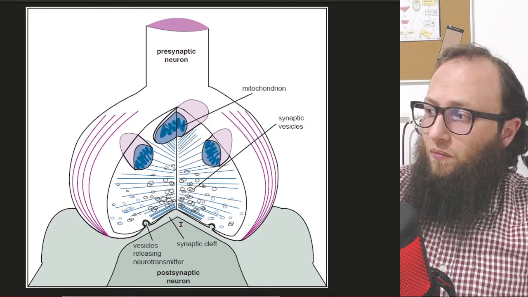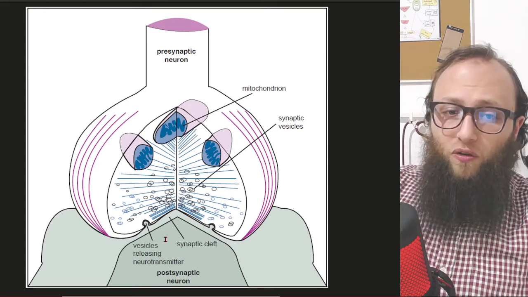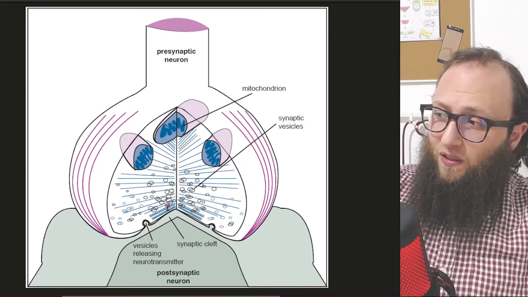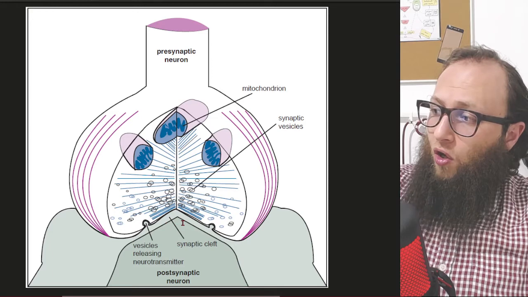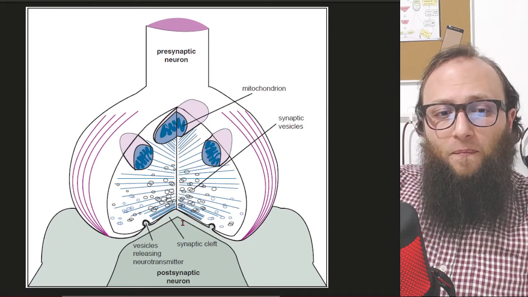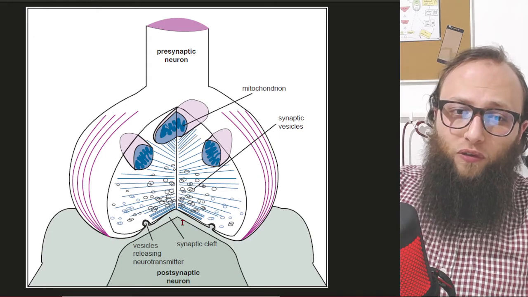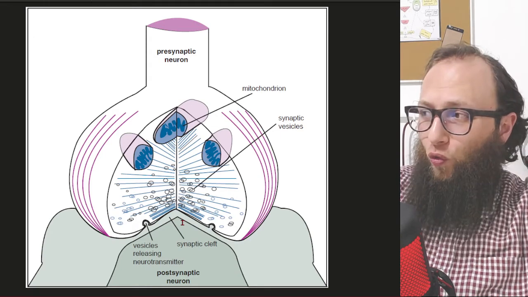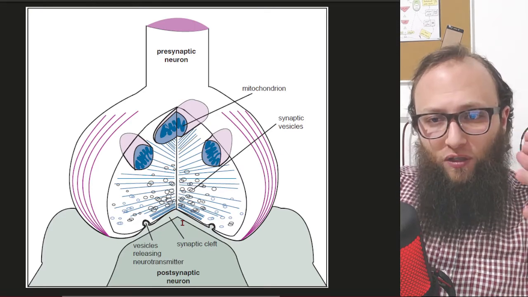The synaptic cleft here is the gap between the presynaptic neuron and the postsynaptic neuron. What does it contain? It contains proteins, scaffolding, and molecular forms of synaptic glue, which connect the presynaptic and postsynaptic parts with each other.